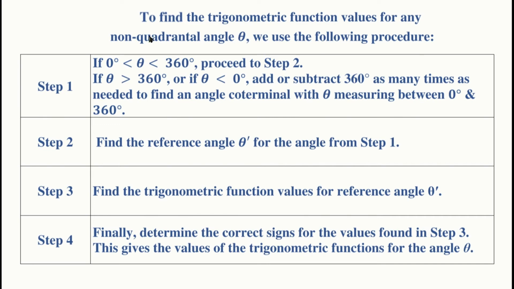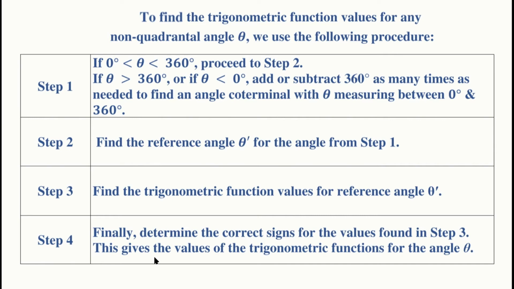Now if the angle is greater than 360 degrees, or if it's less than 0, what we're going to do is add or subtract as many multiples of 360 as we need to, so that we find the coterminal angle theta as we did in the previous couple of examples, and then we proceed with the same few steps after that.